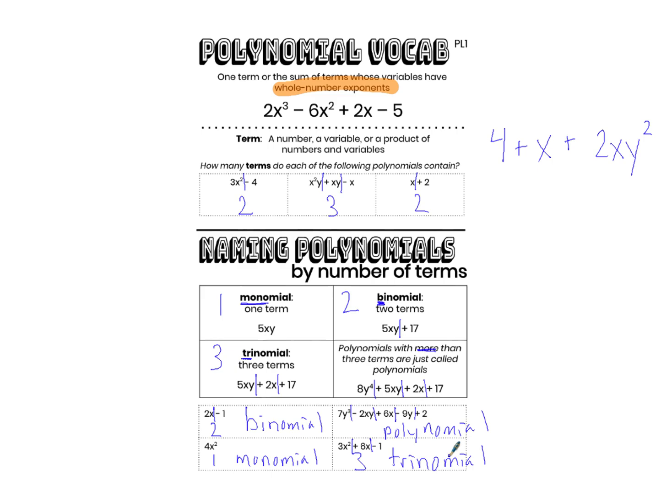That's our bigger concept, but we have special words for 1, 2, and 3 term polynomials. More than 3 terms, no special word, and we just call it a polynomial. This is some vocabulary that you're going to need to practice in order to master it, but these prefixes really, really help. Mono, 1, bi, 2, tri, 3.